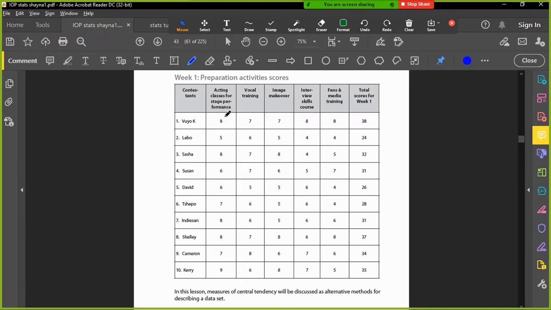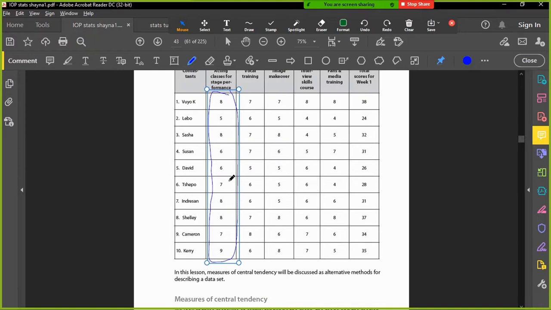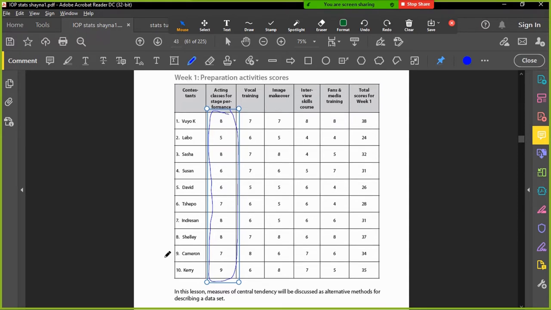Okay, so acting classes for stage performances, you'd have to add up all of that. So let's add it up. 8 plus 5 plus 8 plus 6 plus 6 plus 7 plus 8 plus 8 plus 7 plus 9 equals. What do you get? Sorry, it was too fast for me. 8 plus 5 plus 8 plus 6 plus 6 plus 7 plus 8 plus 8 plus 7 plus 9. 72.